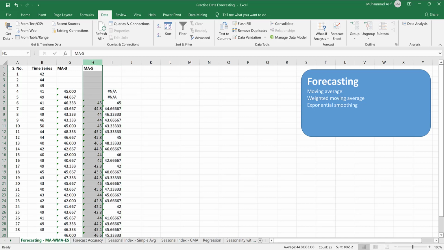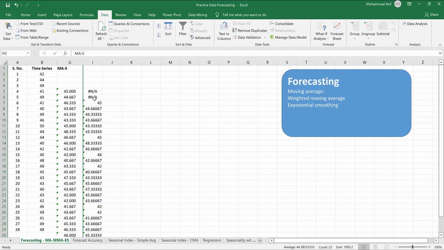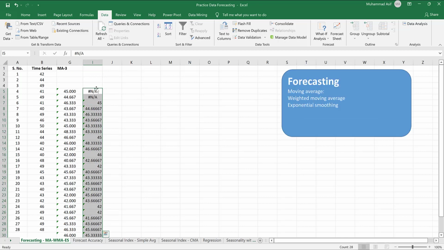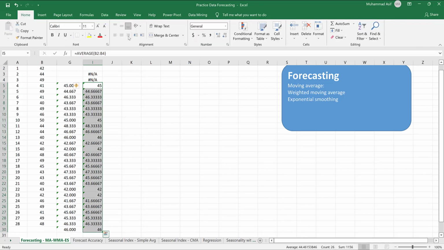Let me hide this one so that we can make a comparison. So you see, moving average using data and data analysis tool also gives identical results.